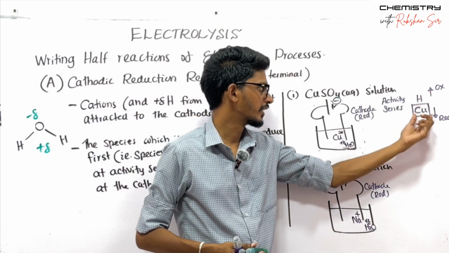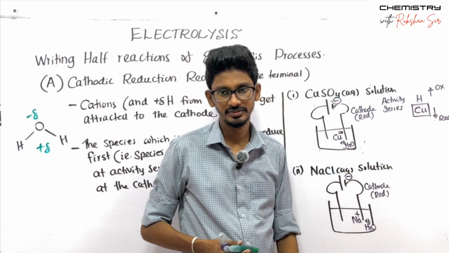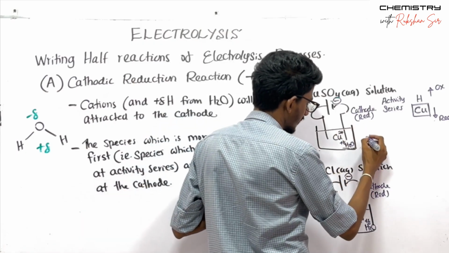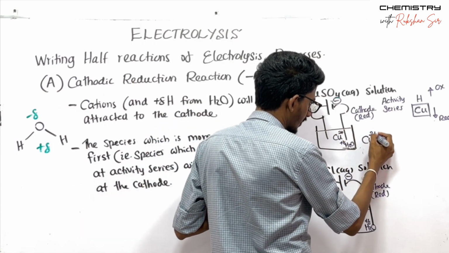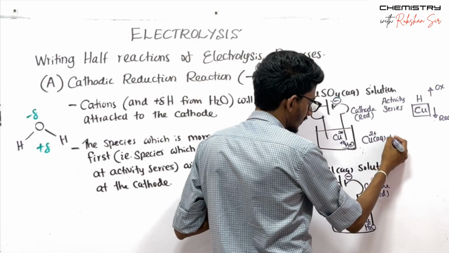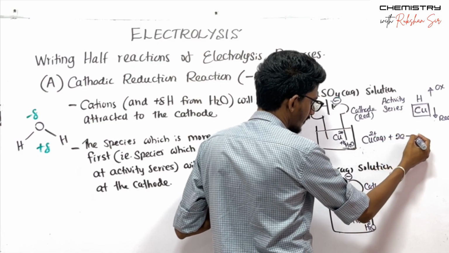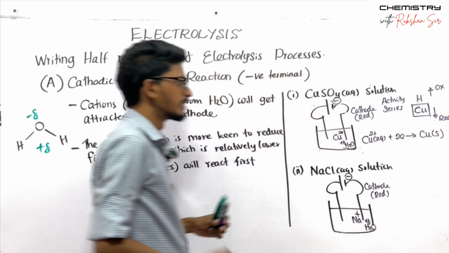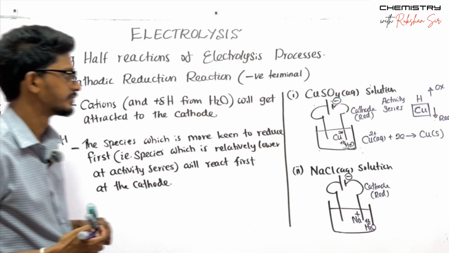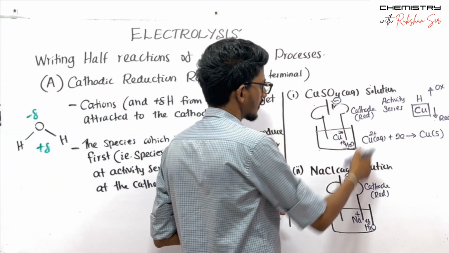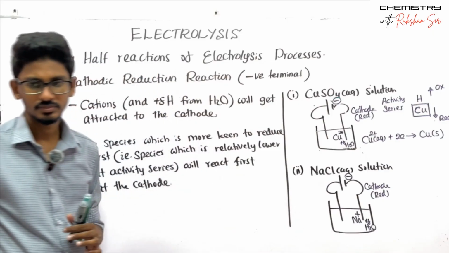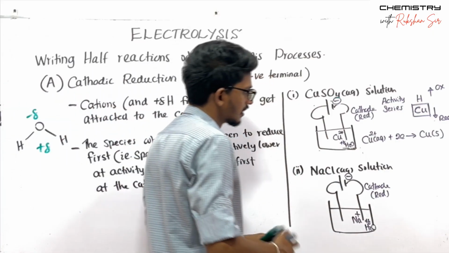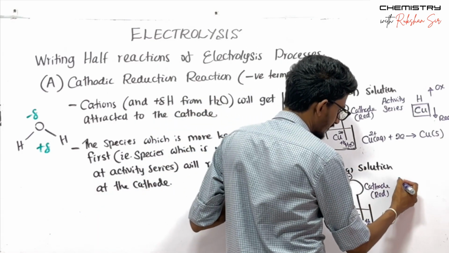The one which is low in the activity series is reduced readily. So the reaction happening here is copper 2 plus taking up some electrons to give you copper solid. That is the reaction at the cathode. So apply the same logic here when it comes to the activity series.